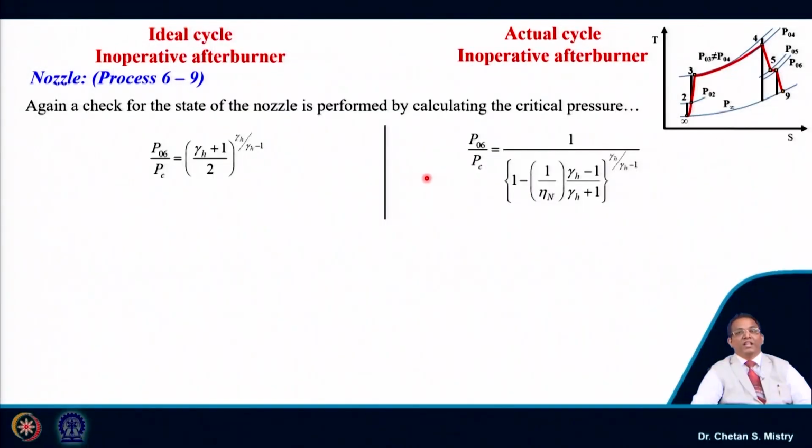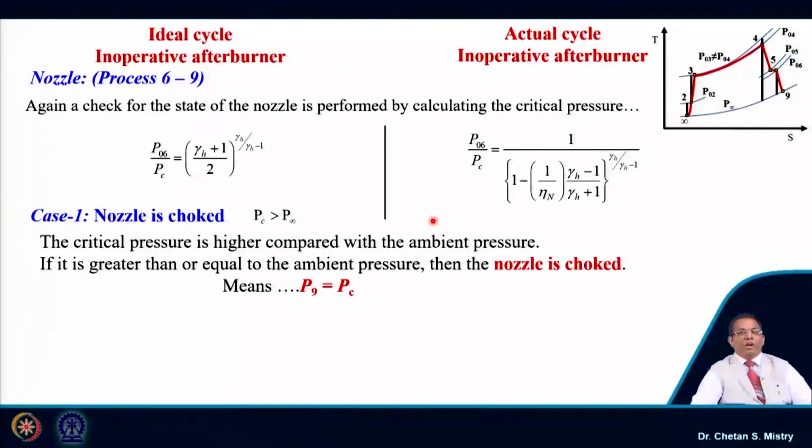When we are considering our actual process, be careful. Here we need to introduce the parameter called nozzle efficiency. Once we calculate our critical pressure, we will compare that critical pressure with the atmospheric pressure.